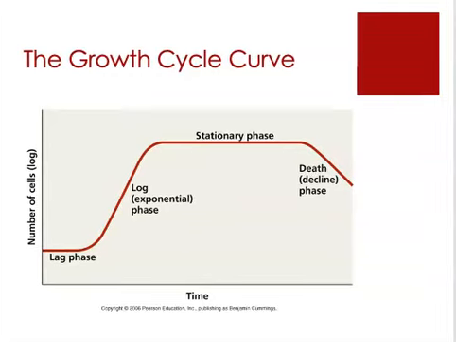If you look at some of the large commercial, industrial scale microbial cultures that are used to harvest the things that bacteria produce, what they do is they try to maintain their cultures in the exponential phase. They try to hold the culture in this particular phase.